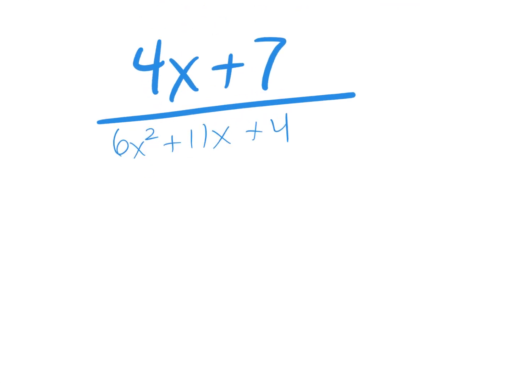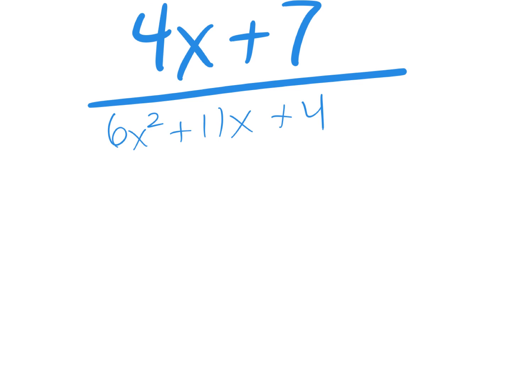So the first thing we should do here is what? Factor. All right, if I'm going to factor this denominator, 6 times 4 is 24. What are the factors of 24 that multiply to give me 24, but add to give me 11? So x plus 8 and x plus 3. Okay, fair enough. So my a term is not 1.